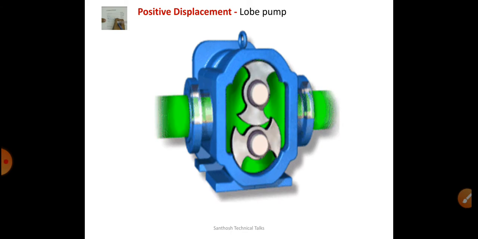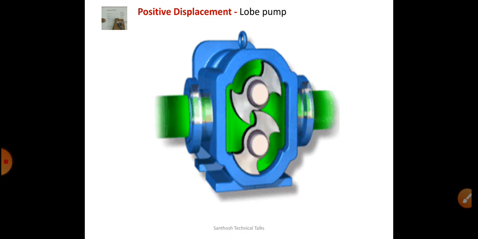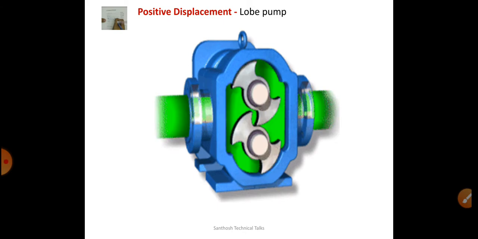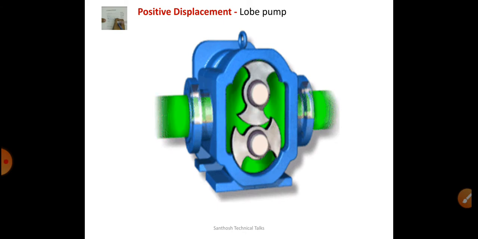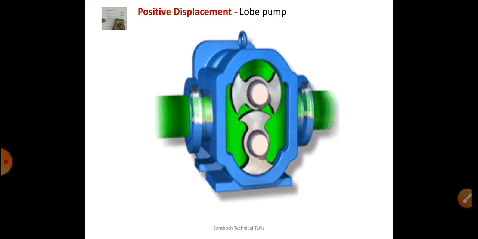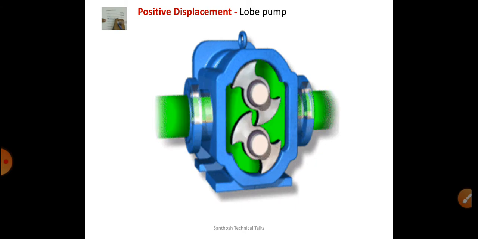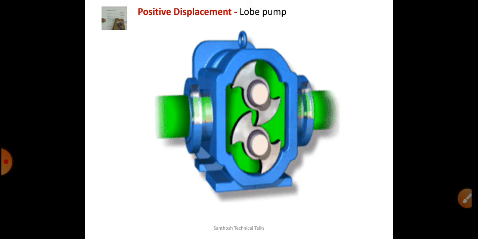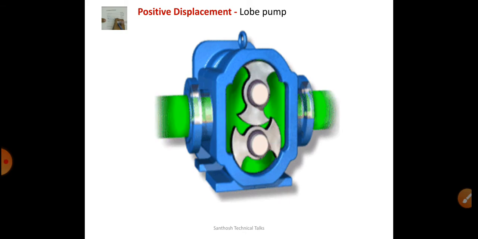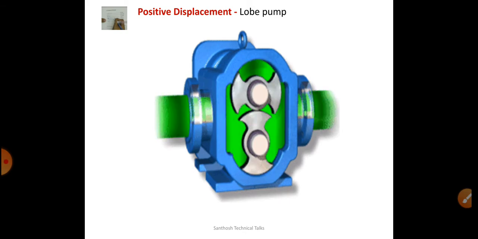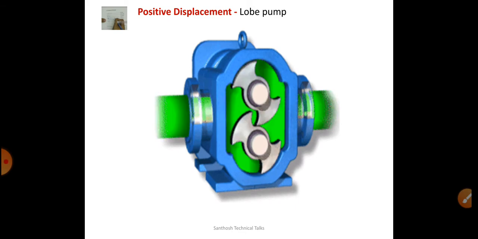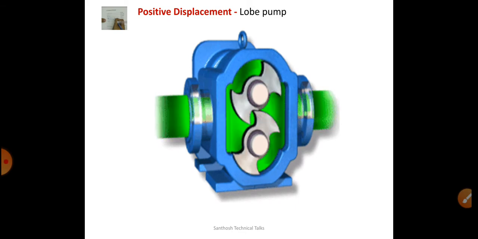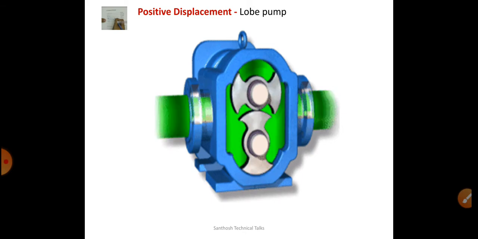So that is the very simple difference between the gear and the lobe pump. Lobe pumps are used in some engines to pump the lubricating oil to the moving parts. Nowadays, most engines use lobe pumps since they generate very little noise and vibration.